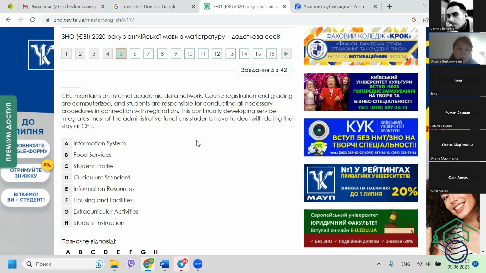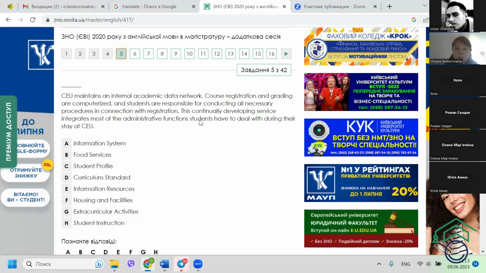CEU maintains an internal academic data network. Course registration and grading are computerized, and students are responsible for conducting all necessary procedures in connection with registration.